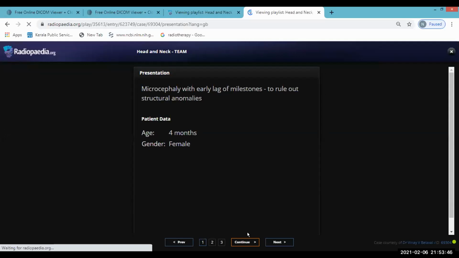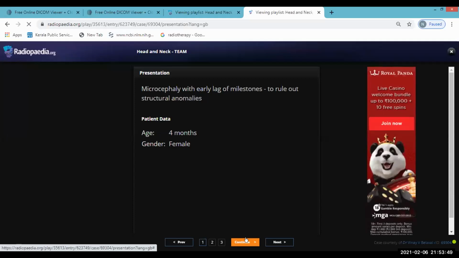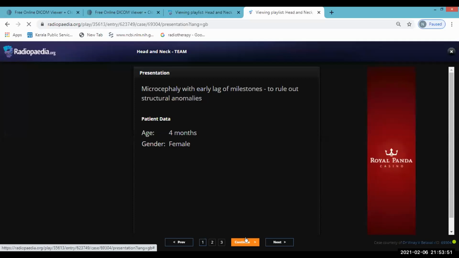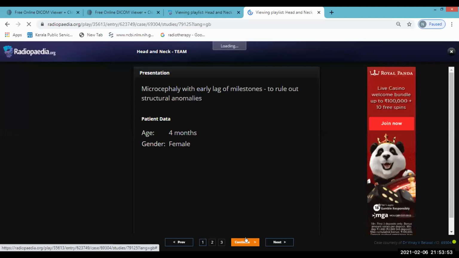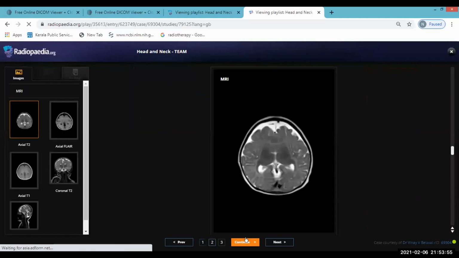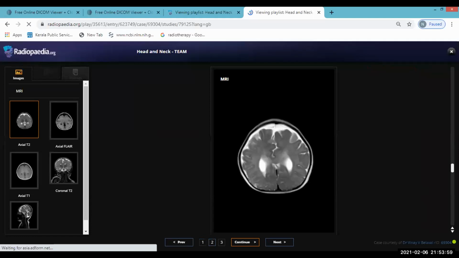I'm provided with a patient, a 4-month-old female with microcephaly. I've been provided with axial T2 weighted images of the MRI brain.